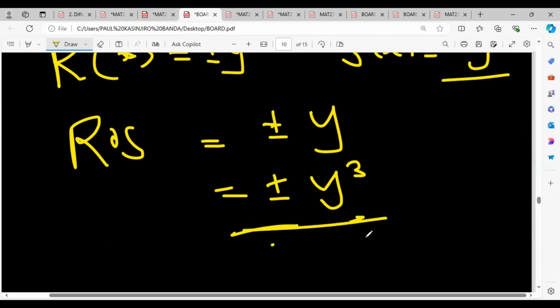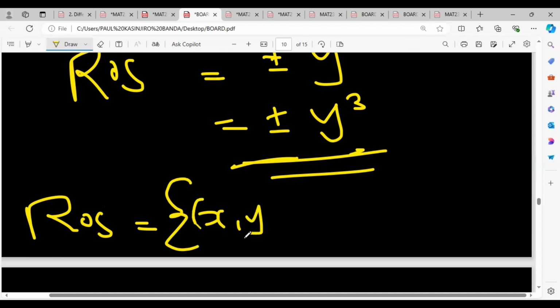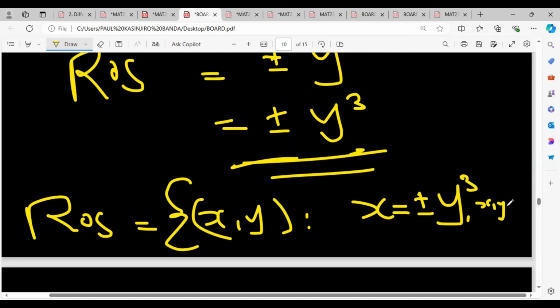So this will be the R of S. Then you can represent it in terms of the mapping. So you'd say the set of X comma Y such that X is equal to plus or minus Y to the third power, such that X comma Y is a member of this relation. Okay, and then you put that. So this will be a relation here. Okay, so that's that.